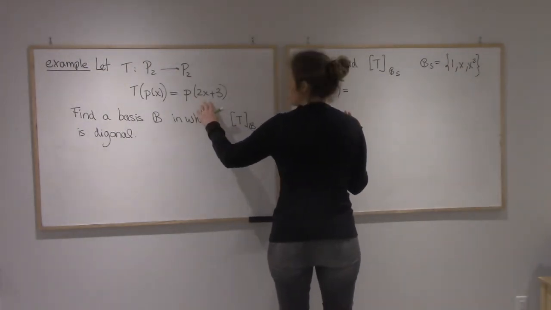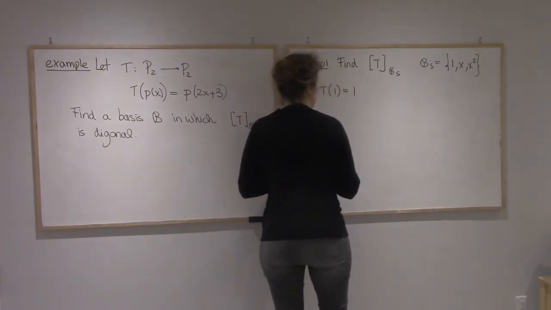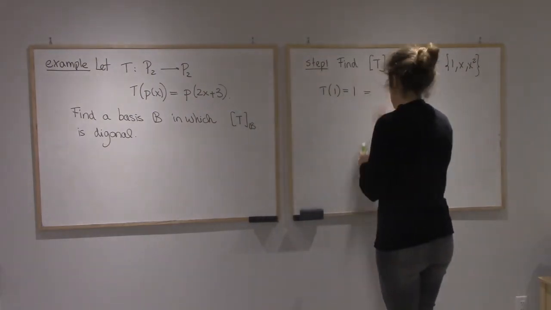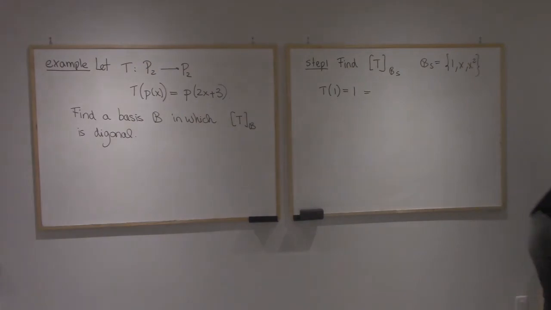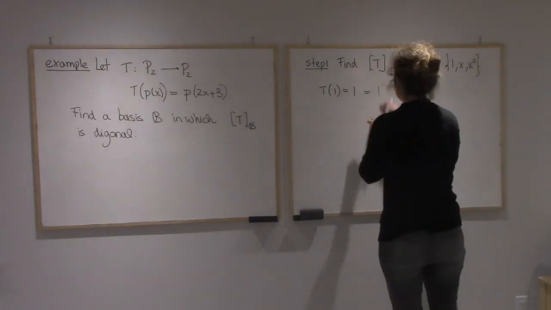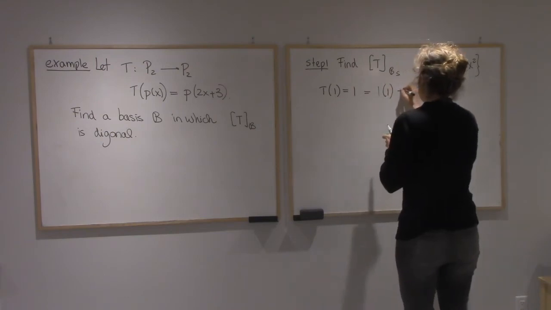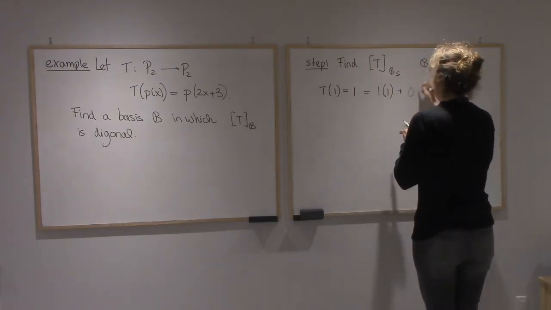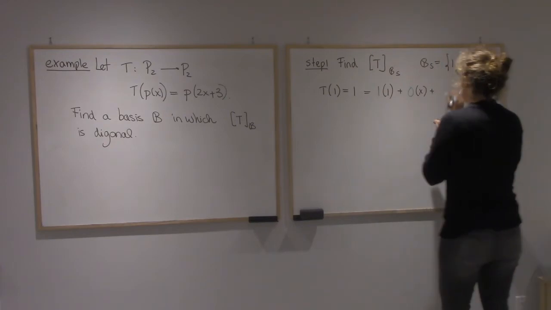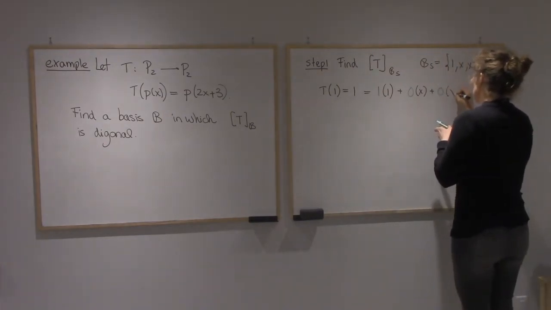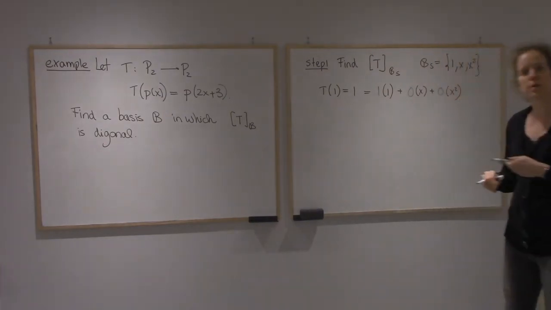If my polynomial is just 1, that will not change anything. So this is 1 times 1 plus 0 times x plus 0 times x squared. So that's going to be my first column.